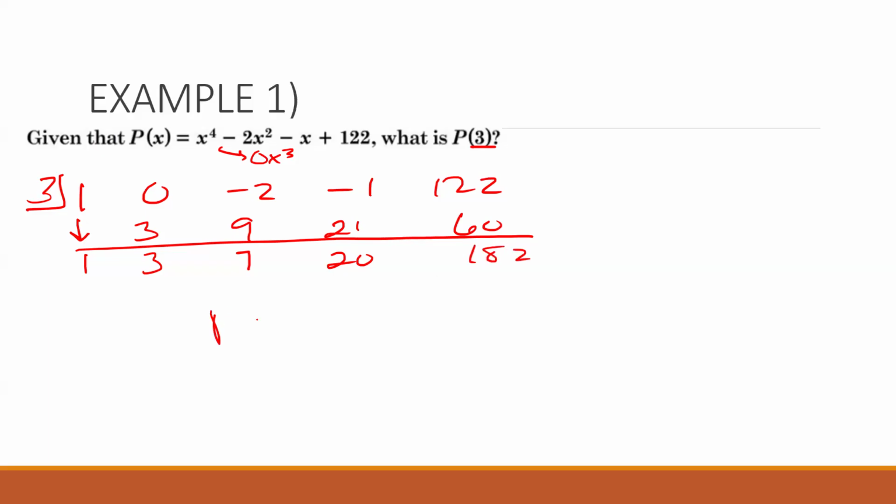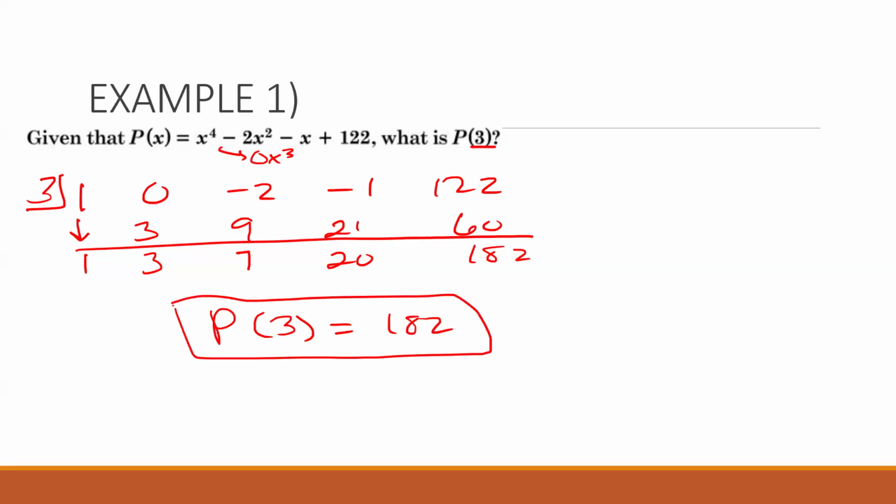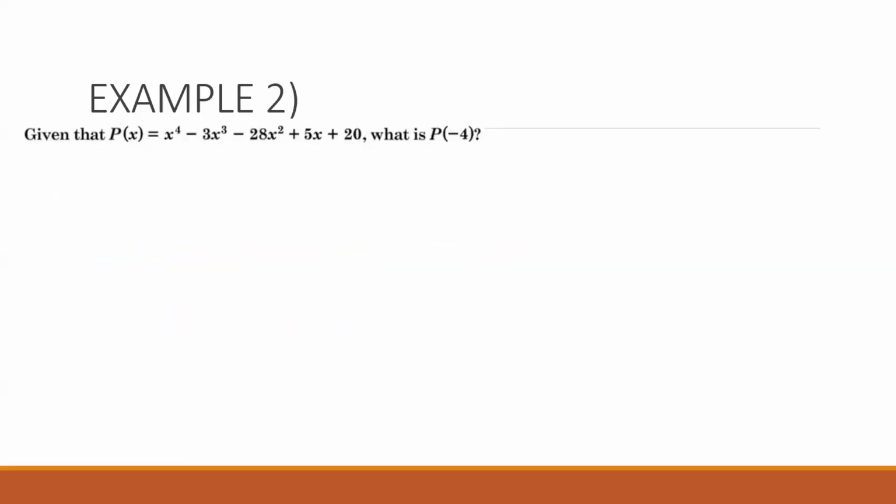So therefore, p of 3 equals 182. Are you with me? All right, your turn. By yourself. Go.